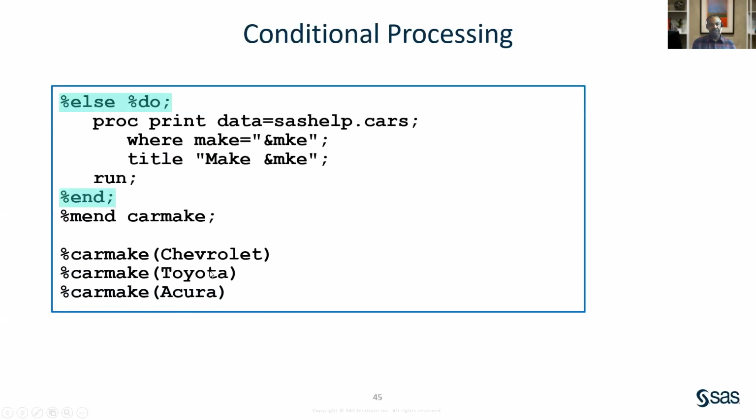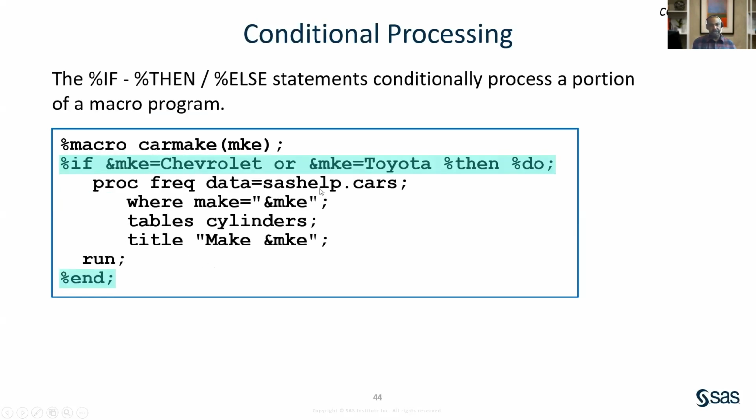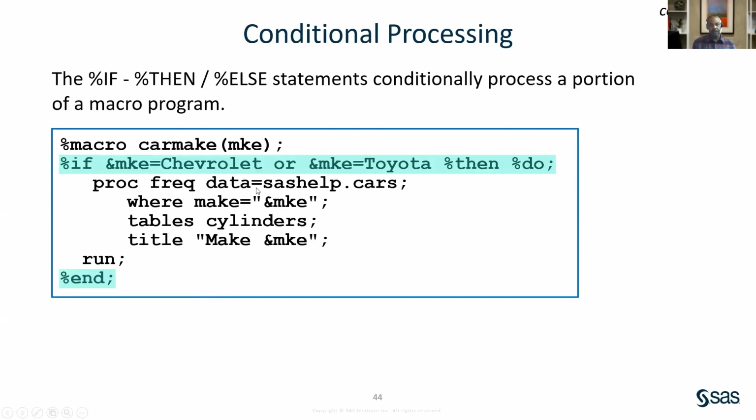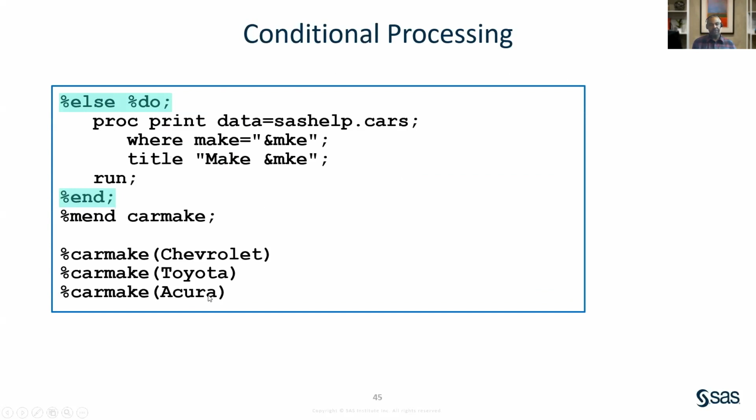The next call will be Toyota, and it will check once again, do a PROC FREQ on the cylinders, and then lastly Acura. It's not in that list, so we'll go to the %ELSE %DO block and process for Acura. Excellent.